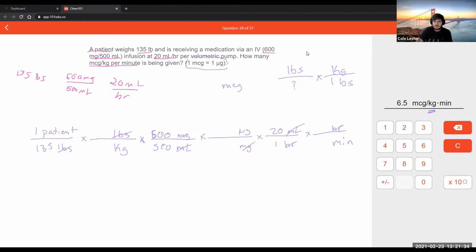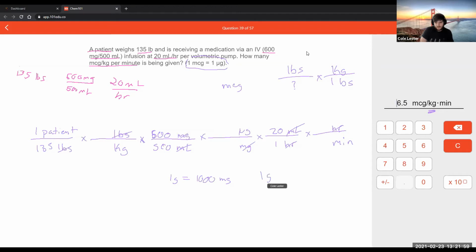So Nate, I believe, said, what's the conversion of micrograms to milligrams? Let's do some maths. So I believe 1 gram is equal to 1,000 milligrams. Yep.